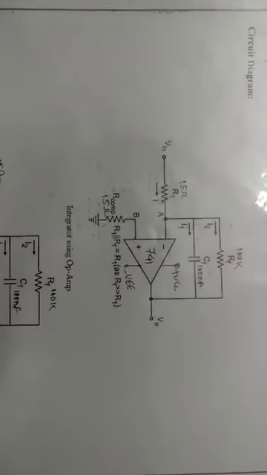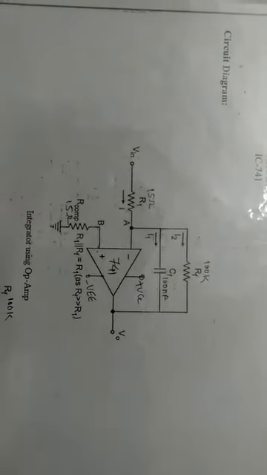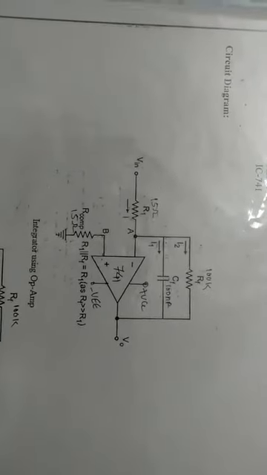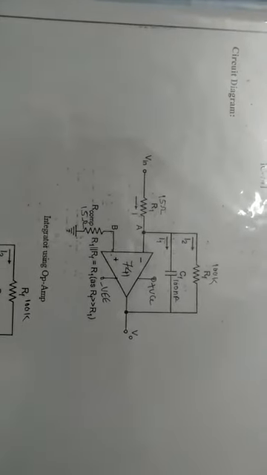According to this circuit diagram, we made the connection on a breadboard, because I already told that any practical of analog electronics we have to design on a breadboard. So we are taking different components: R1 is 15 ohm, the compensating resistor is 15 ohm or nearer to this value, RF is 100k, capacitor C is 100 nanofarad, and we have a dual supply of plus minus 15.